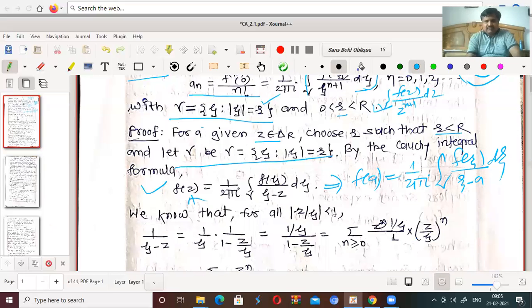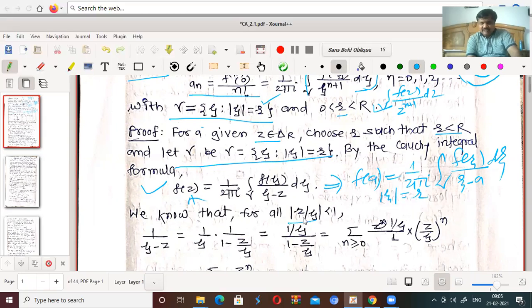We know that for all this, r upon xi less than 1, because this is what? This is equal to mod xi equal to r. So let xi have radius r.